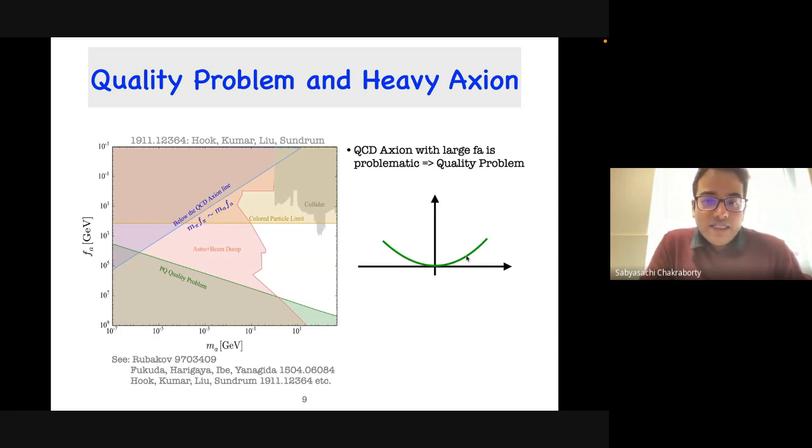The QCD induced potential, the structure of which I showed, was m_pi squared f_pi squared roughly, which you can say is Lambda_QCD to the power 4. So the QCD induced potential is so shallow that any higher dimensional operator which breaks this U(1) symmetry can shift the minimum away from zero, the CP conserving minimum, therefore jeopardizing the whole strong CP solution.